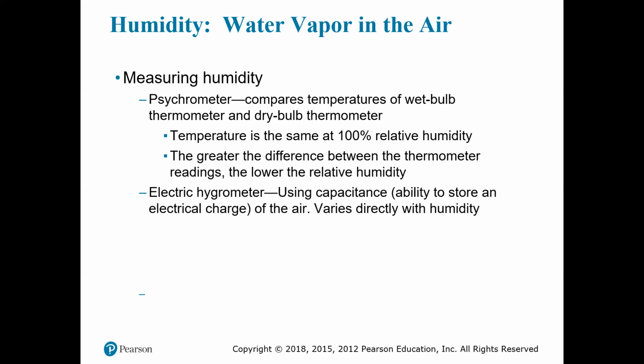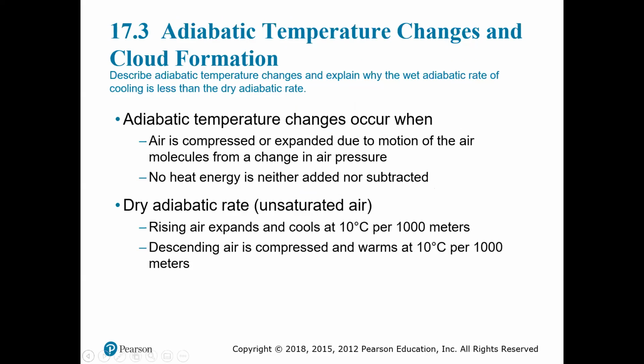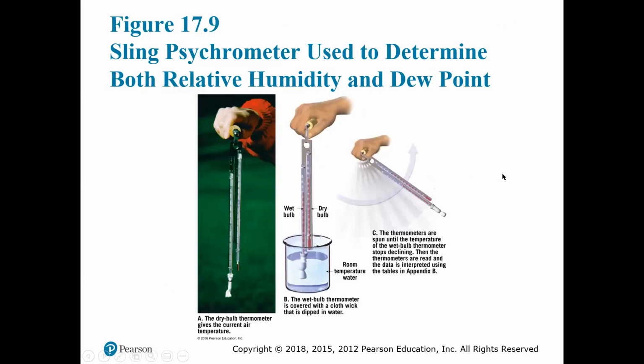So we have some instruments, some tools that we use called hygrometers that can measure the water content of the air. And the easiest ones to use are psychrometers. A psychrometer, I'll show you, here's a picture of a psychrometer. So basically you've got 2 thermometers that are hung side by side.